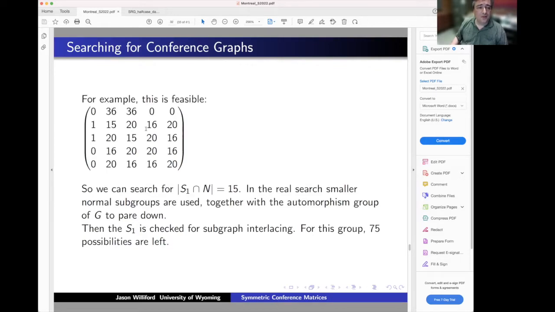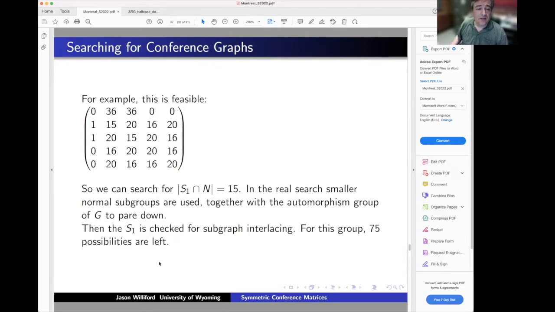So now also you can take any normal subgroup and do this with respect to that and find what the possible intersection patterns of your S1 and the cosets of this could be. And that can be very powerful to narrow down how many ways you can pick S1, quite a lot.